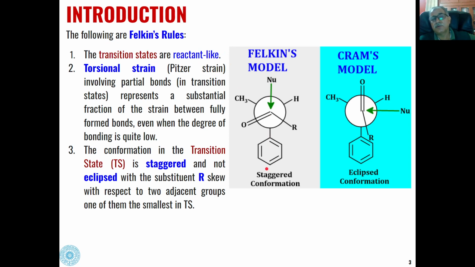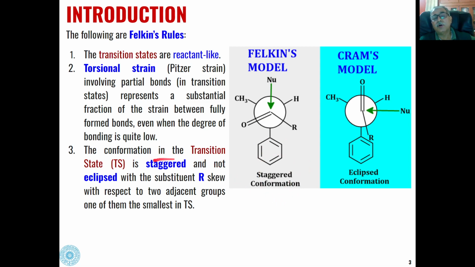According to Felkin, the torsional strain involving the partial bonds represents a substantial fraction of the strain between fully formed bonds, even when the degree of bonding is quite low. So in Cram's model the conformation of the transition state is eclipsed, whereas in Felkin's model it is a staggered conformation.